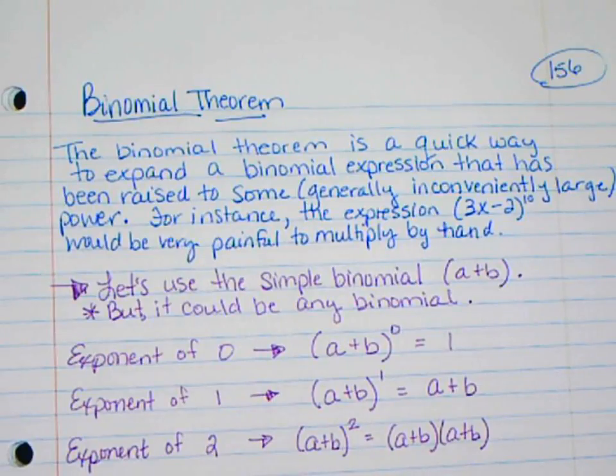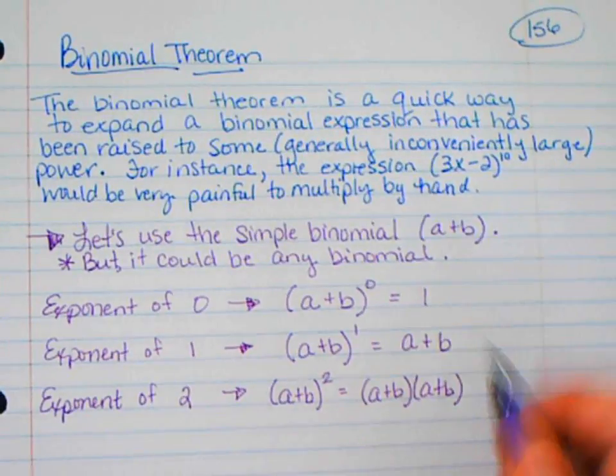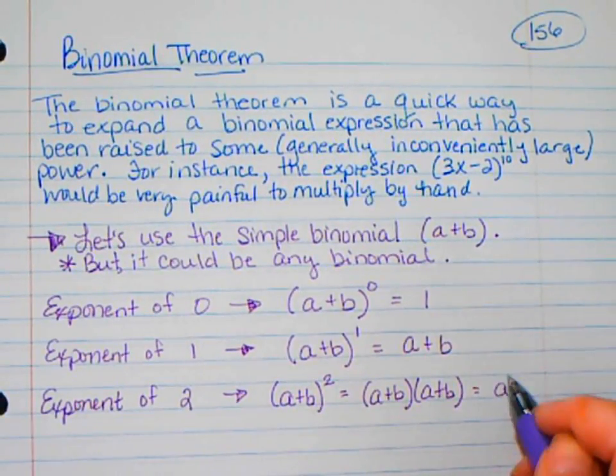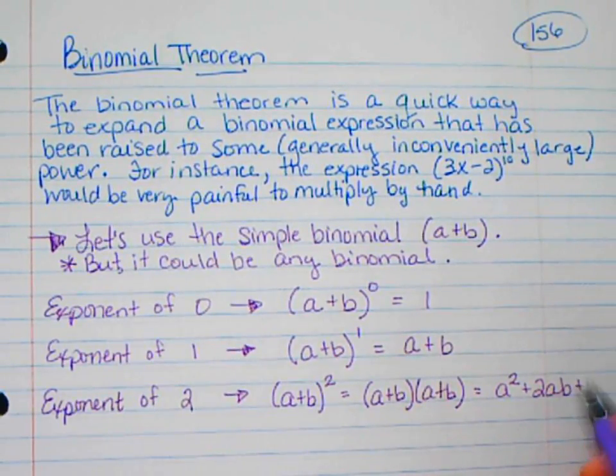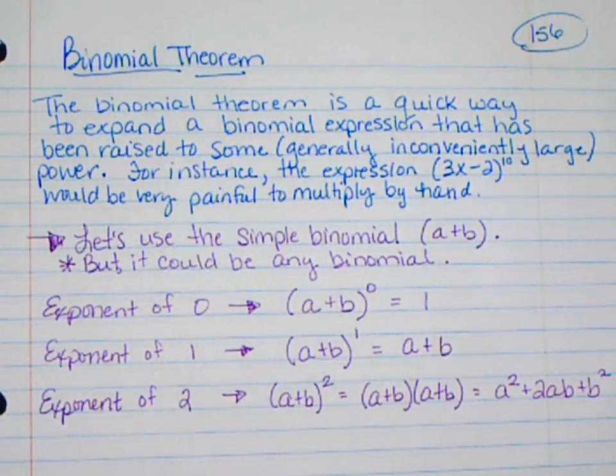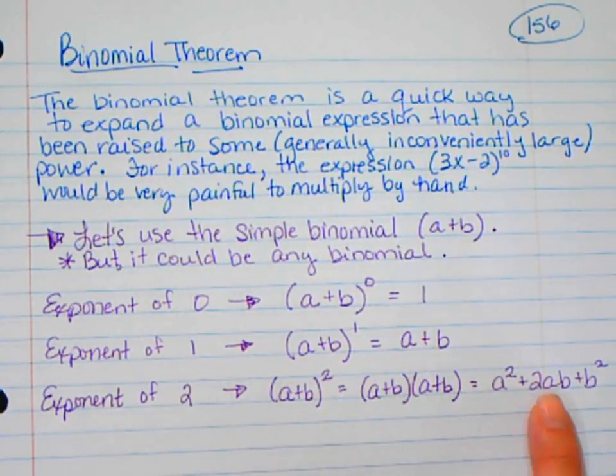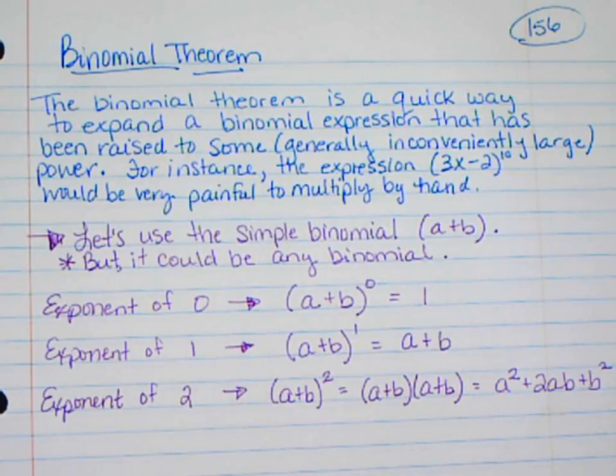And if you FOIL all that out and combine like terms, you would end up with a squared plus 2ab plus b squared. Otherwise, it's a squared plus ab plus ab plus b squared. Then you combine ab plus ab and you get 2ab. Nothing new so far, right? Have not learned anything today.